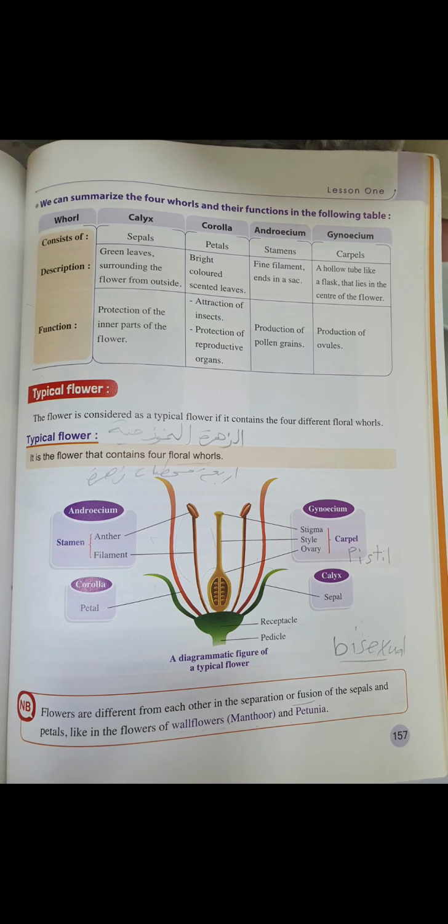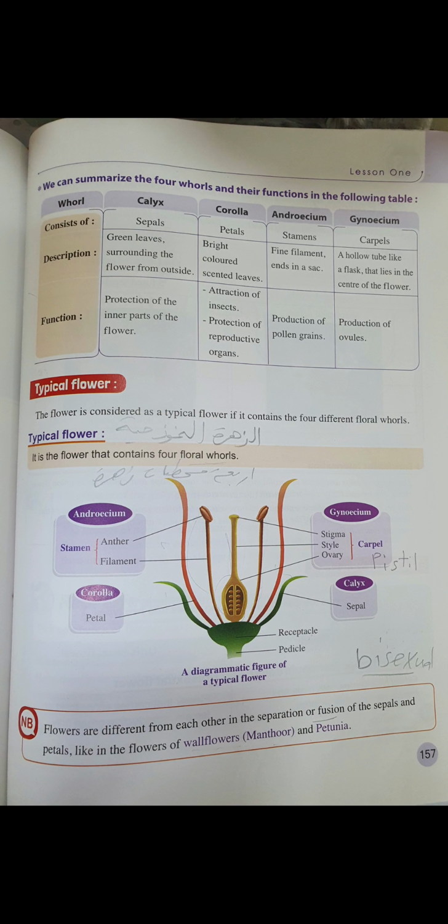Now we have a comparison between the 4 whorls: calyx, corolla, androecium, and gynoecium. The names of the leaves: calyx, sepals; corolla, petals; androecium, stamens; gynoecium, carpels. Description: calyx has green leaves surrounding the flower from outside.